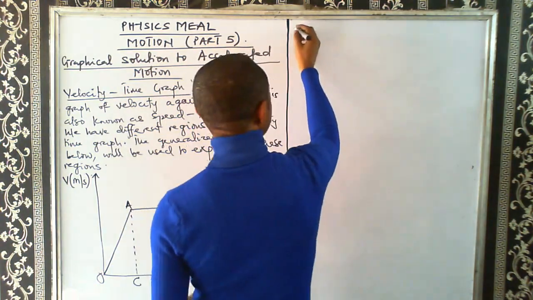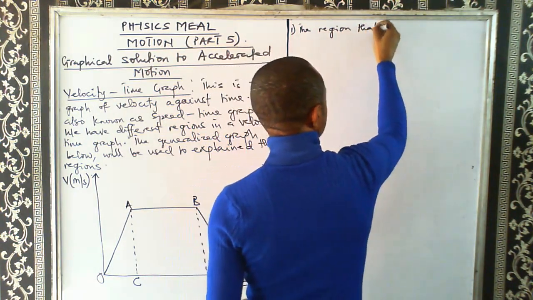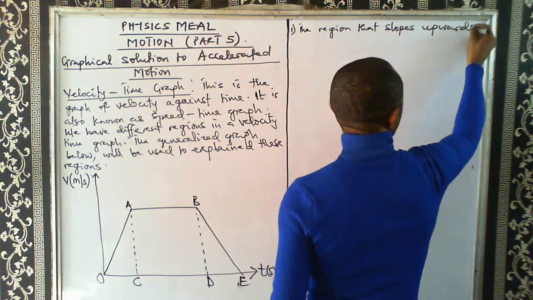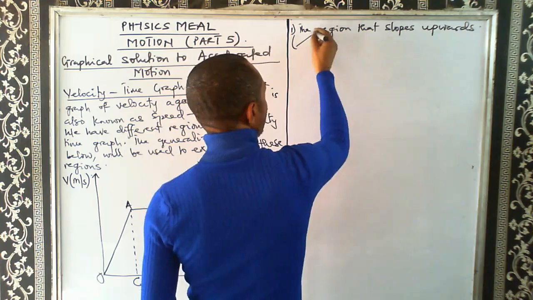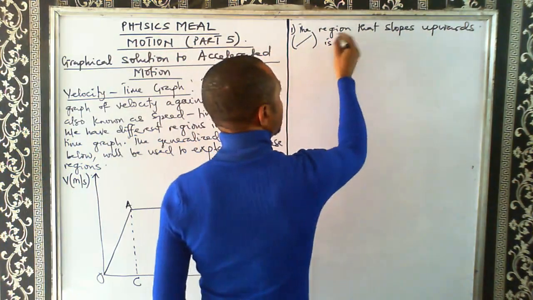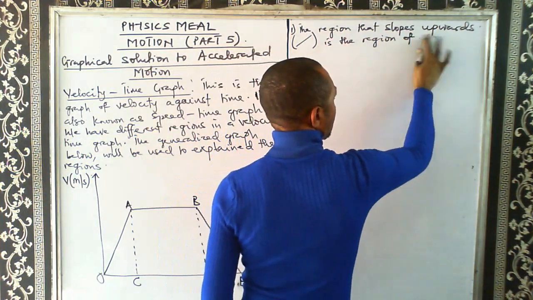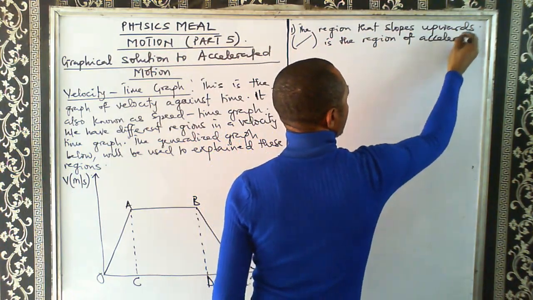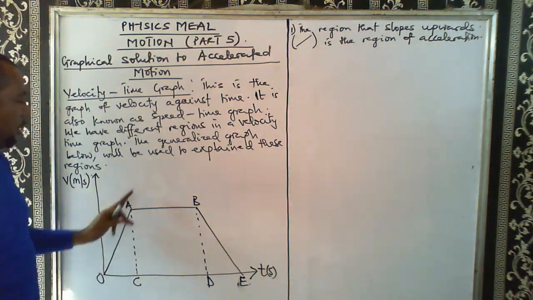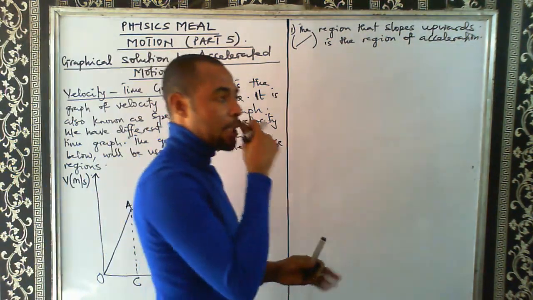So, the first region, 1, the region that slopes upwards. That is the region that moves like this, that slopes upwards, is the region of acceleration. So in every velocity time graph, anytime you see a region like this that slopes upwards, that region is talking about what?